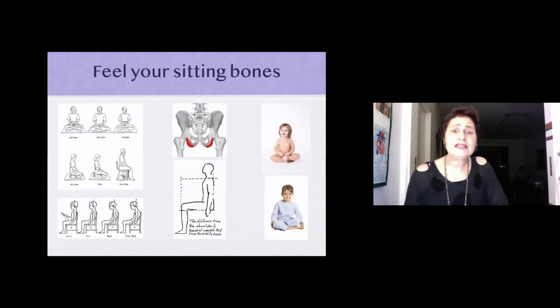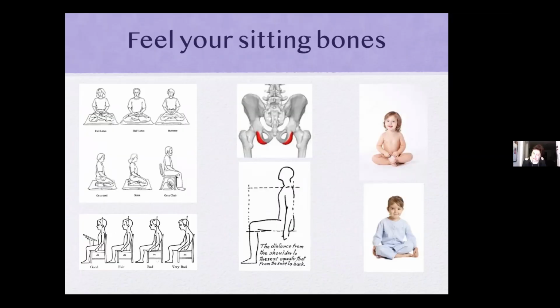Now, feel your sitting bones. I'm going to ask you to check your position. You can sit on a chair, on a stool, cross-legged, on your knees. But what you want is to have your spine erect. The sitting bones are those red things that you see and you can feel when you're sitting.